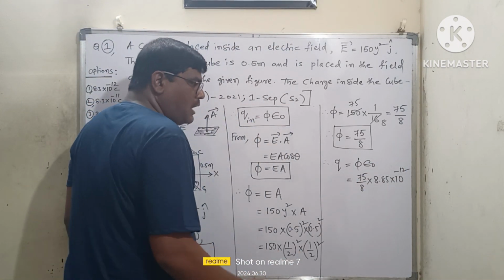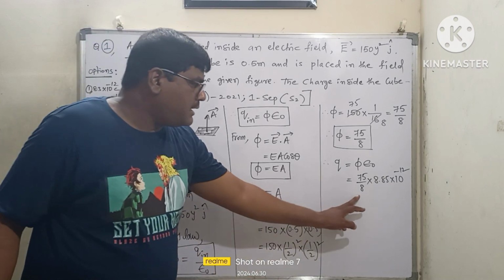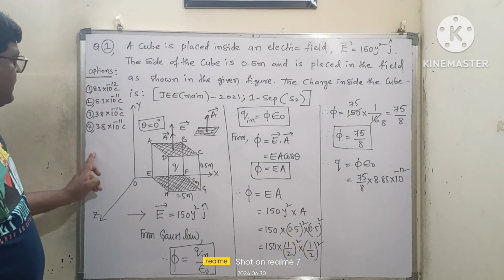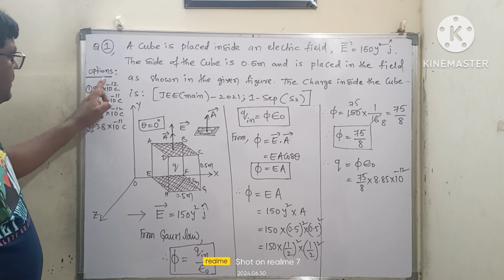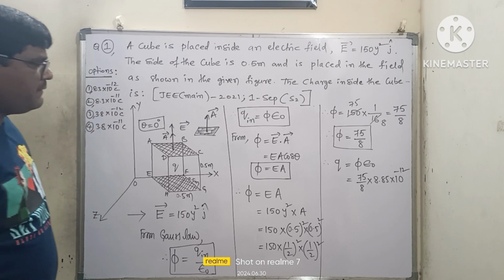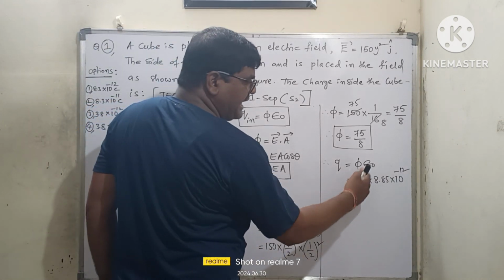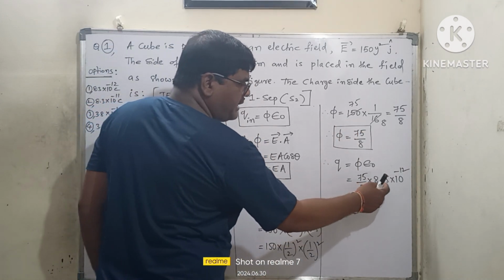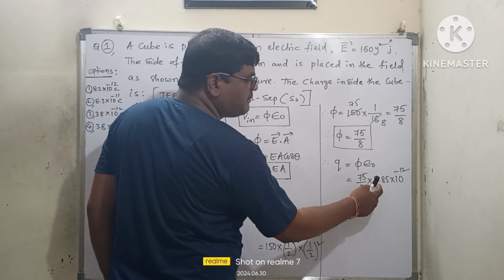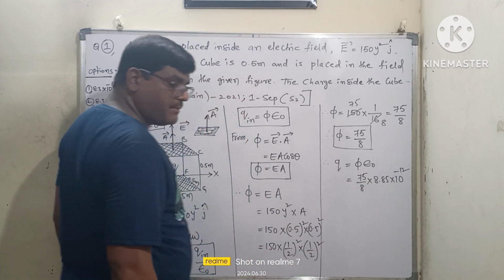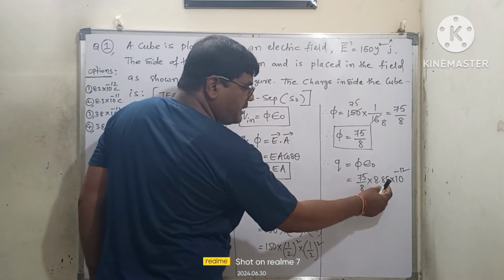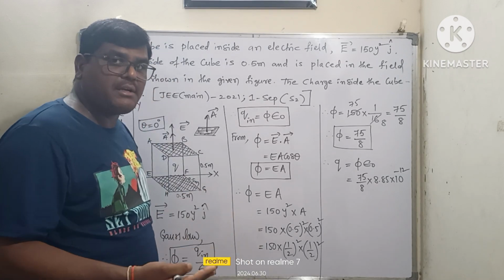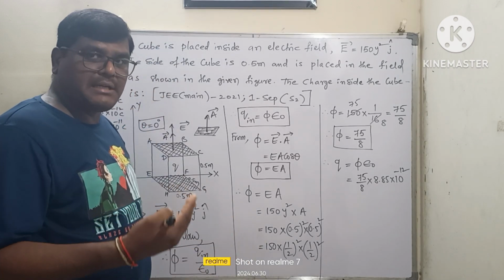We know that. Now this is the final step for the charge, and we get this value. But the options are given like this: 8.3 into 10 to the power of minus 12. If you observe, there is no need to calculate; we can say it directly. 8.85 divided by 8 is 1 point something. 1 point something into 75 means it is greater than 75, approximately 80.